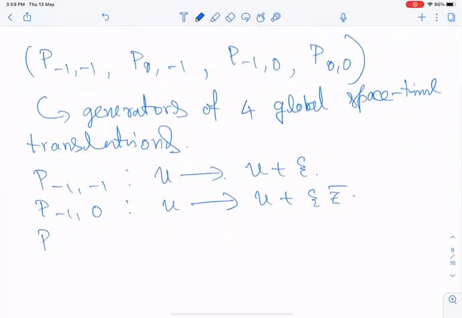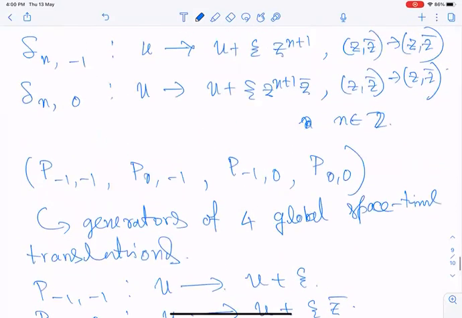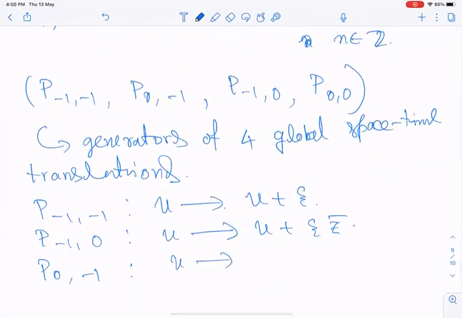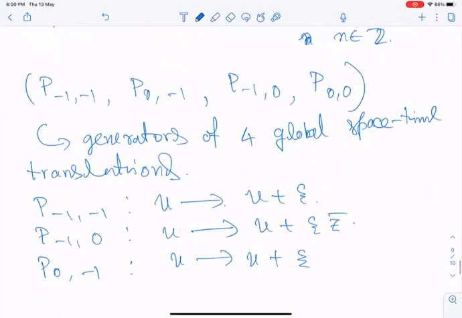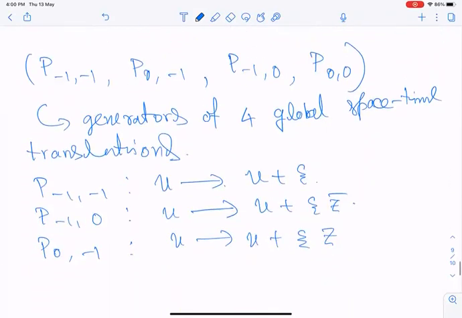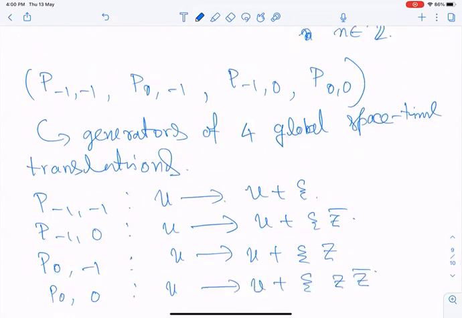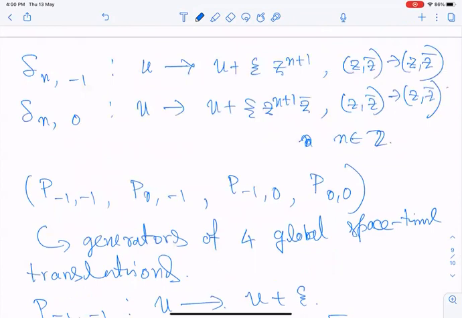Similarly, P0 minus 1 is u going to u plus xi z, and P0 comma 0 gives you u plus xi z z bar. So these are the four global space-time translations, where you shift u by a constant, then z bar, z, and z z bar, and the rest of the objects are the supertranslations.